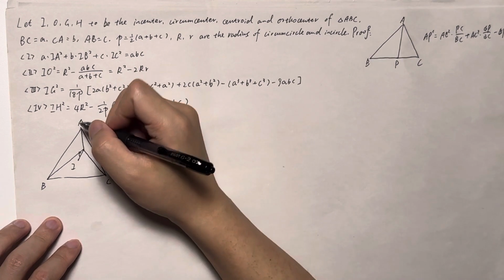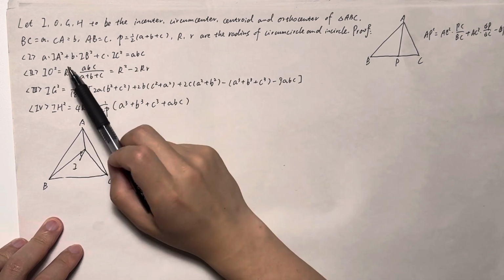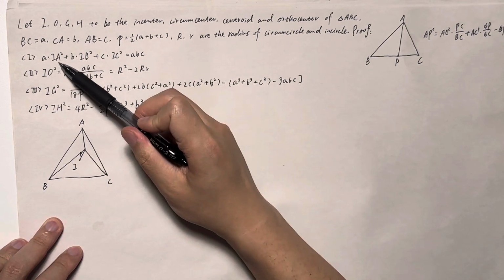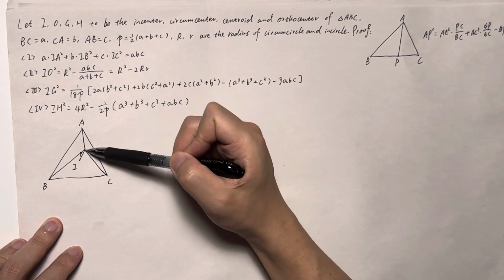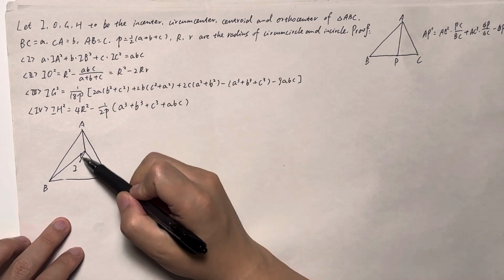That's a problem, because the first one already gave us IA, IB, IC, which means P is at the point I. So let's just calculate PI.